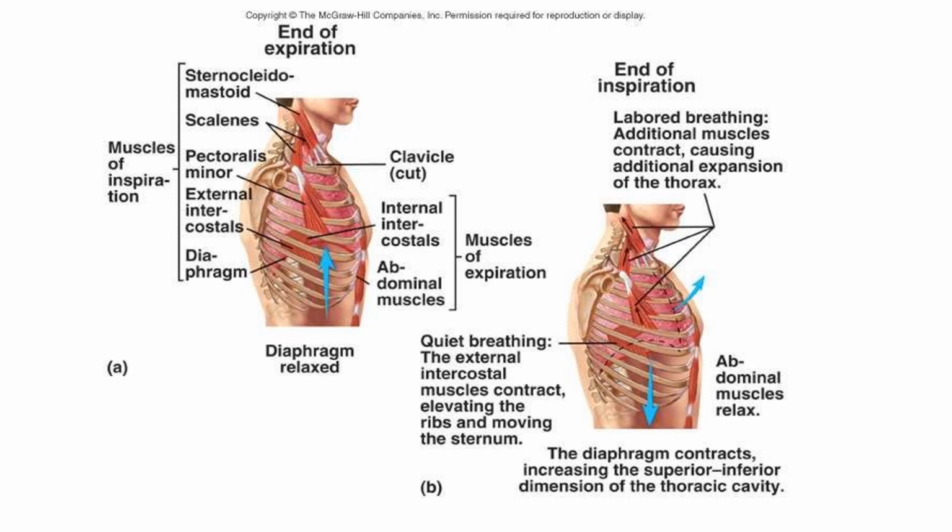And the abdominal muscles relax, the diaphragm muscle contracts, increasing the superior inferior dimension of the thoracic cavity. In quiet breathing, the external intercostal muscle contracts, causing an increase in the anteroposterior diameter. This is the pump handle mechanism of the expansion of the thoracic cavity.